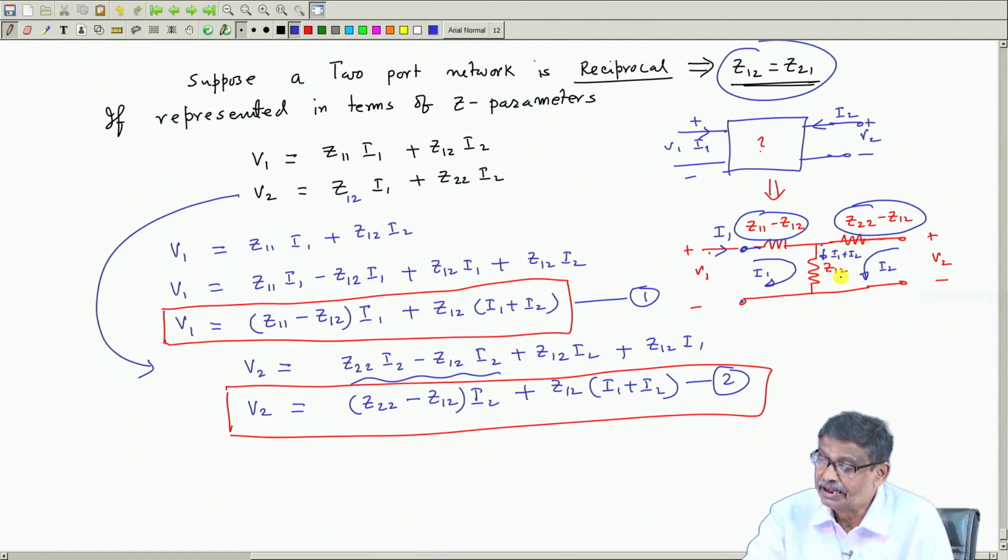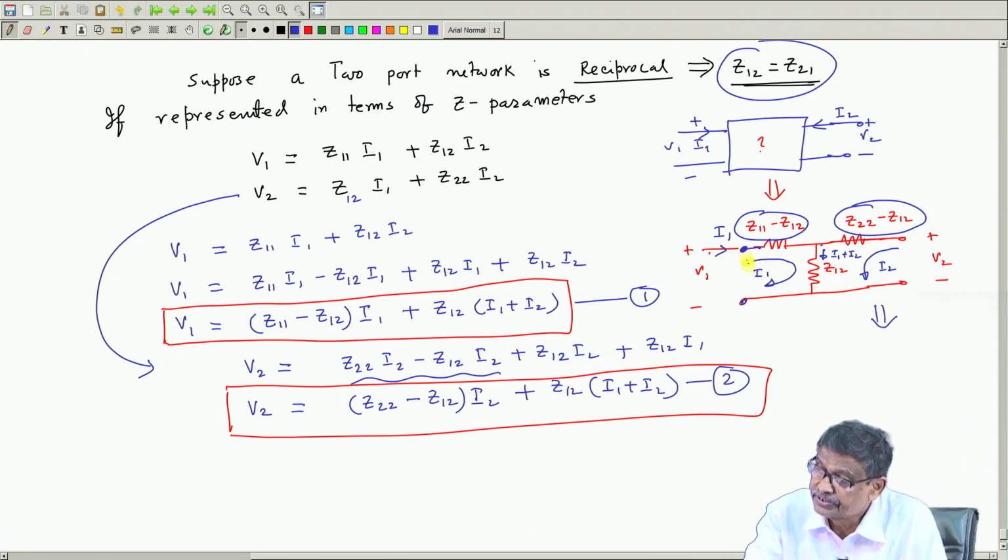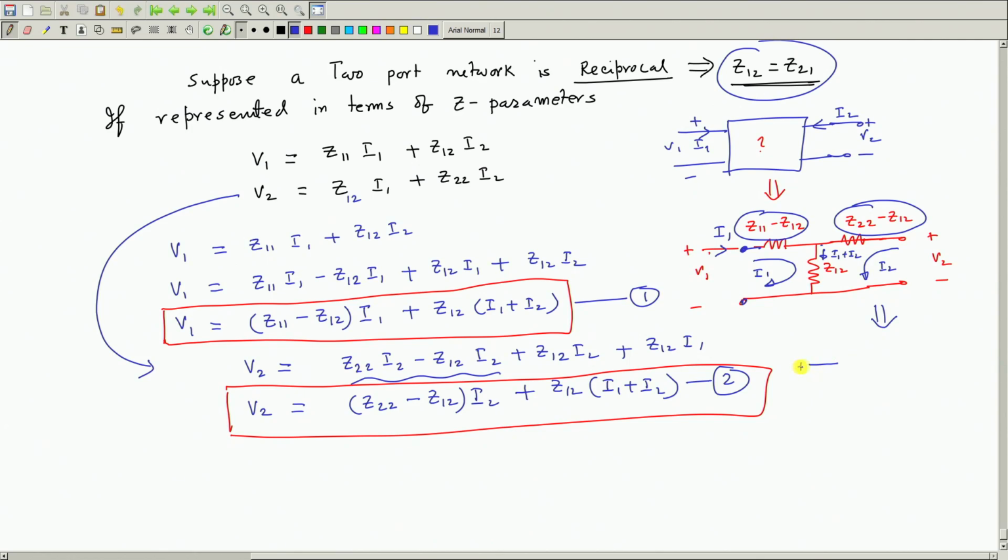If it is like that, these three impedances are connected in star. I could also, if I wish, represent this star by some delta impedance, because I now know the parameter values here. So, I can also represent it by an equivalent.